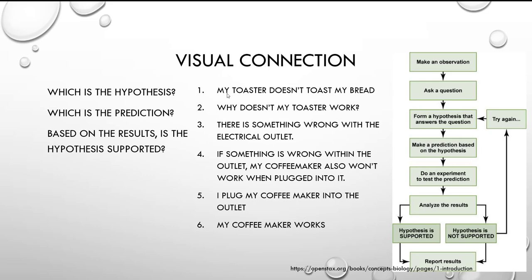Number 1, my toaster doesn't toast my bread. Number 2, why doesn't my toaster work? Number 3, there is something wrong with the electrical outlet. Number 4, if something is wrong within the outlet, my coffee maker also won't work when plugged into it. Number 5, I plug my coffee maker into the outlet. Number 6, my coffee maker works. So it sounds like it's in order. So which is the hypothesis? Is it 1, 2, 3, 4, 5, or 6?